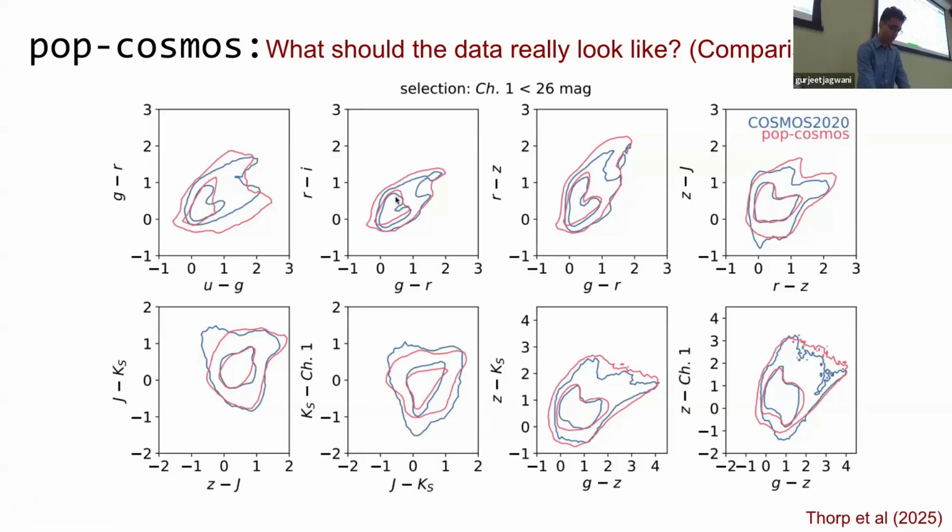And as you can see, it works pretty well. So our work, Pop-COSMOS, is very well calibrated to the original data that you should expect to see from the COSMOS 2020 catalog.